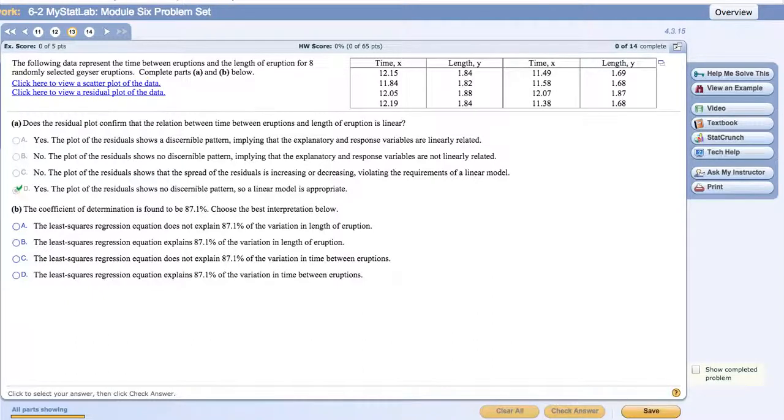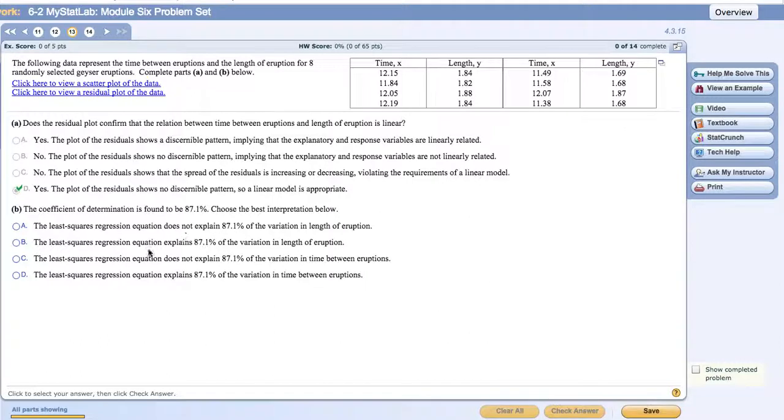So the coefficient of determination basically measures the percentage of total variation in the response variable that is explained by the least squares regression line. So here, the least squares regression equation does not explain 87.1%.